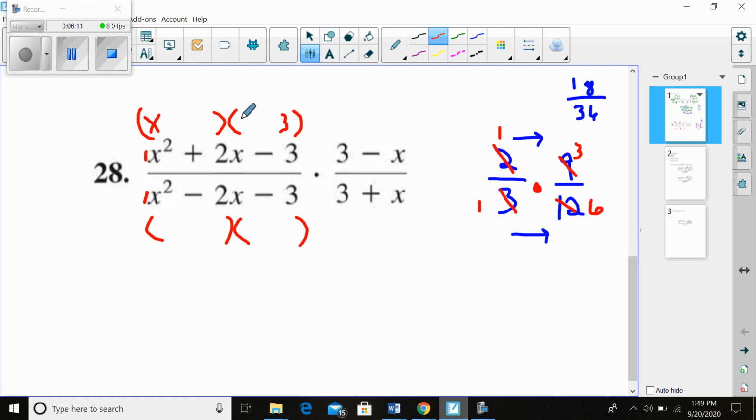That means I want the positive on the 3. This is pretty easy to factor, right? There's only one possibility for factors of 3, 3 and 1. But this time I want to add them up and get a -2, which means I need to have the positive on the 1.